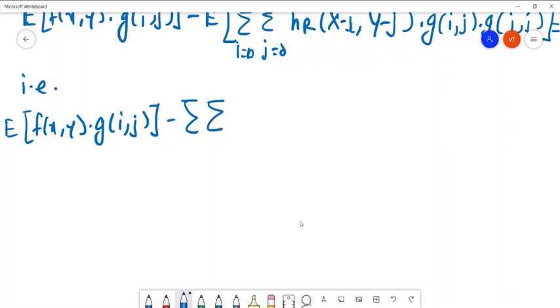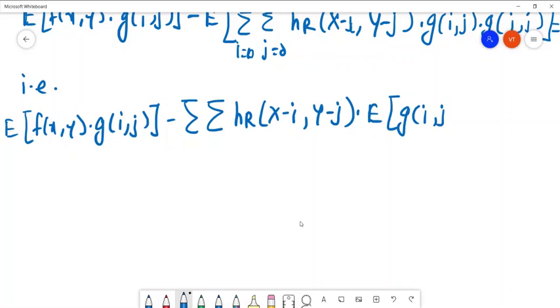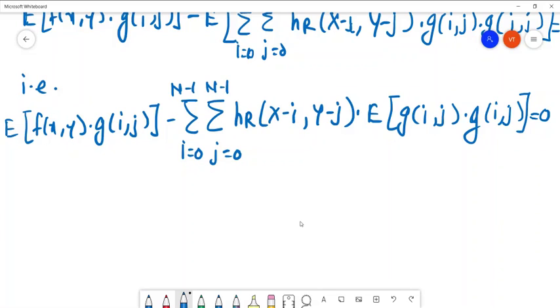You can bring it out with the restoration function hr(x minus i, y minus j) dot E[g(i, j) dot g(i, j)], which is nothing but what? It's an autocorrelation, right? Equal to 0, i equal to 0, j equal to 0, n minus 1, n minus 1.